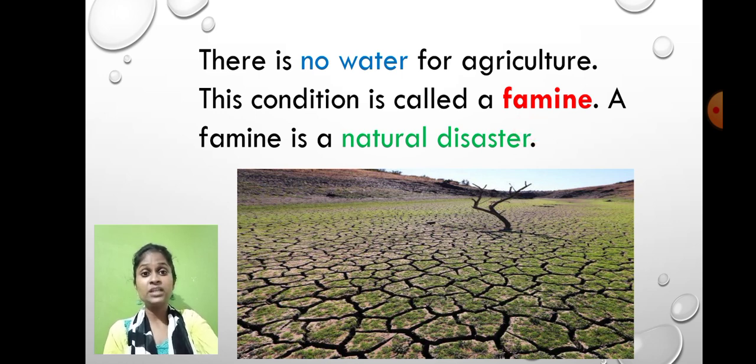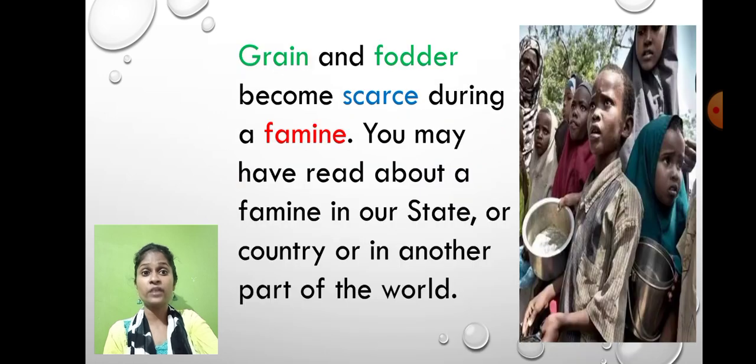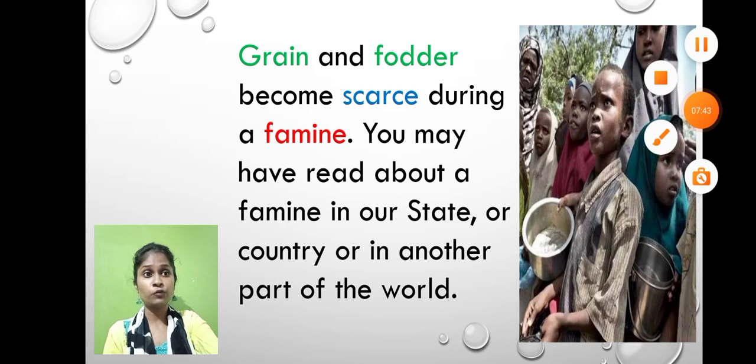So famine condition is a starvation condition where the majority of the people in a particular area die because of starvation. Because there is no rainwater, there is a dry condition. Because of the dry condition, we are not able to grow crops. If we are not able to grow crops, then there are no grains, no fodder. We won't be able to get enough food material.